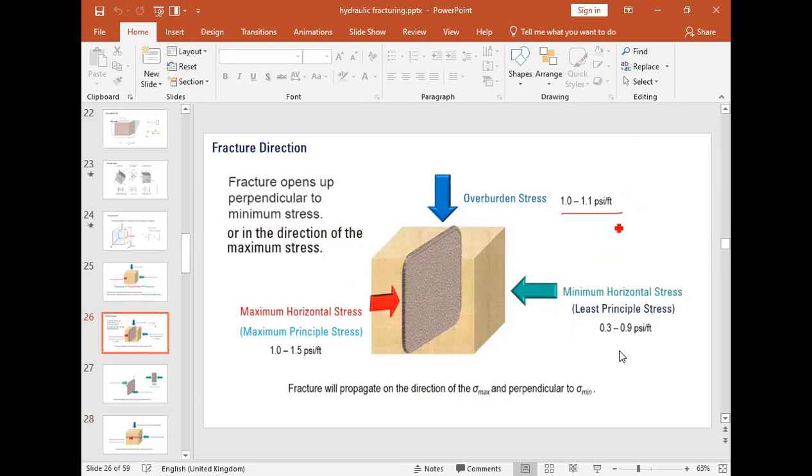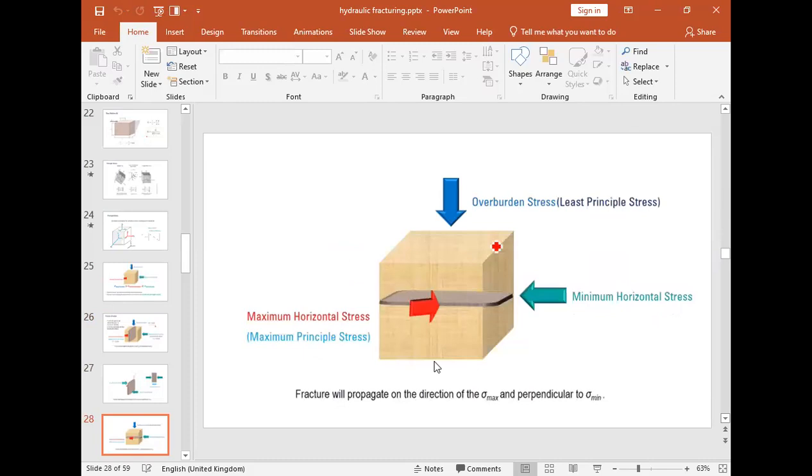We look at the manner in which the hydraulic fracture is propagating. But if I come to this case, you realize that the overburden stress is the least principal stress. That means even the minimum horizontal stress is greater than the overburden stress. In this manner, you now see how the hydraulic fracture is propagating. So defining the stress regime goes a long way in giving us a good overall geometry that will define our system.